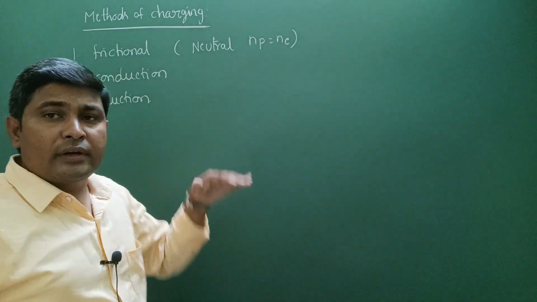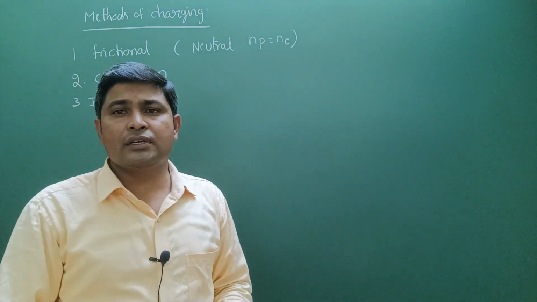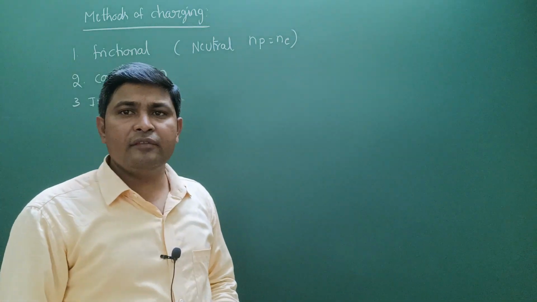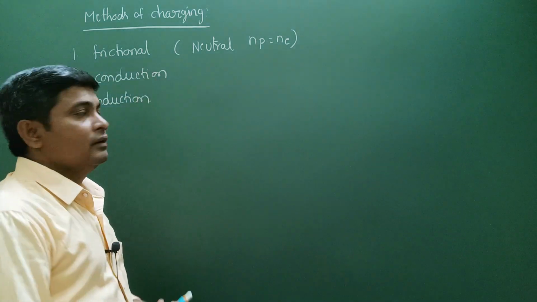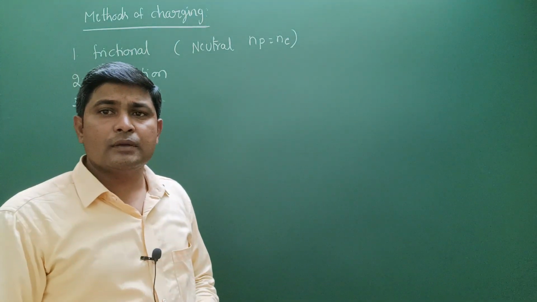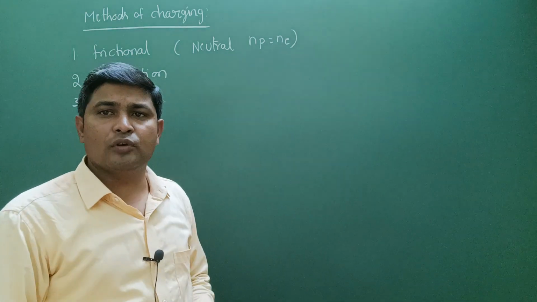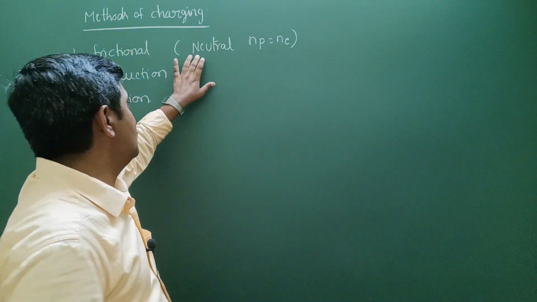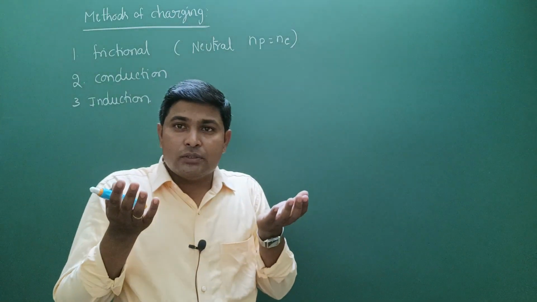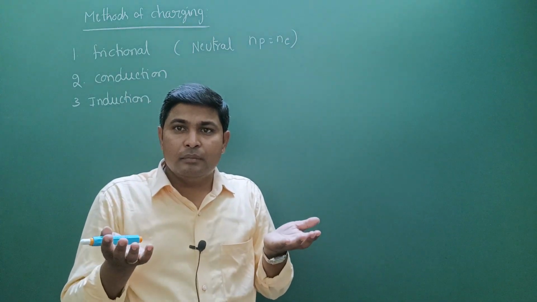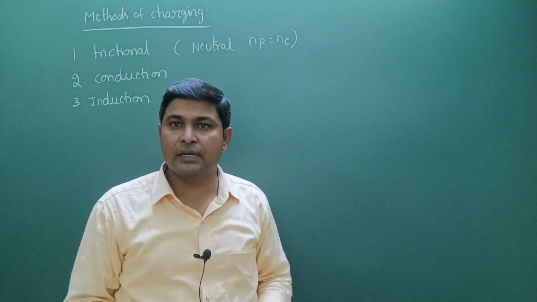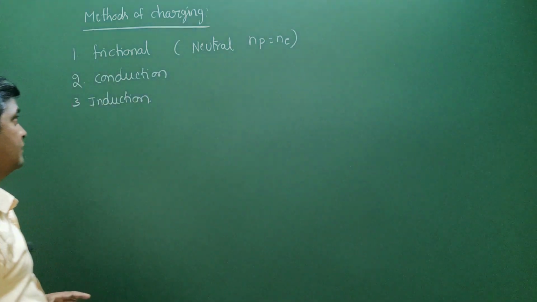In that case, to reduce charge in one body and increase it in another body, we can use friction. By rubbing we transfer charge. Initially the two bodies can be neutral, but later on, after this method, both will get charged. That is specific to this method.